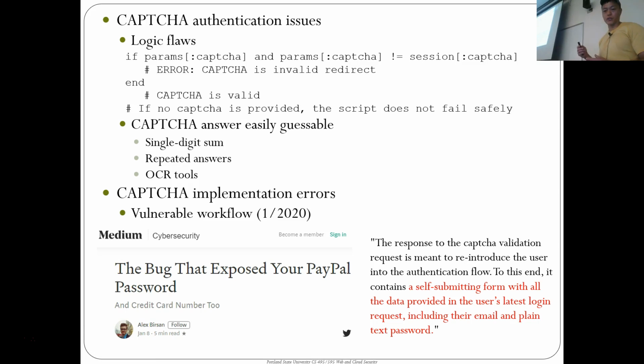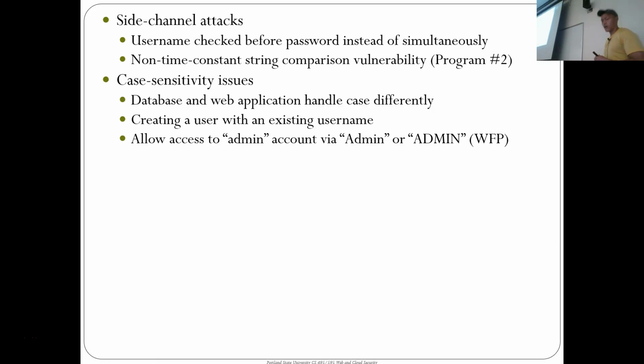the authentication workflow. Okay. Other kinds of authentication issues, and these are related to your homeworks. One is side channel attacks in checking the credentials, where the username is checked before the password instead of simultaneously. We talked about that. There are also attacks on the cryptography, where runtime differences between valid and invalid passwords can be used as a side channel to predict what the password characters are.